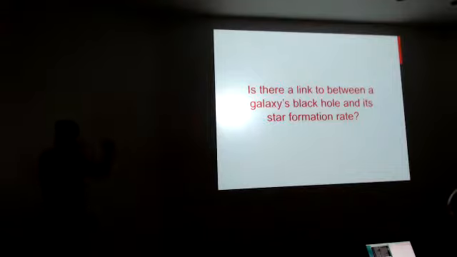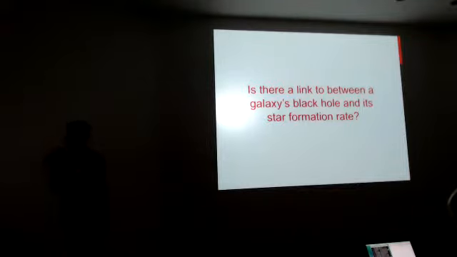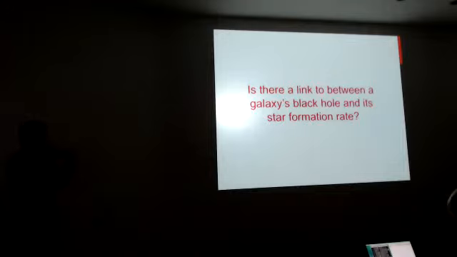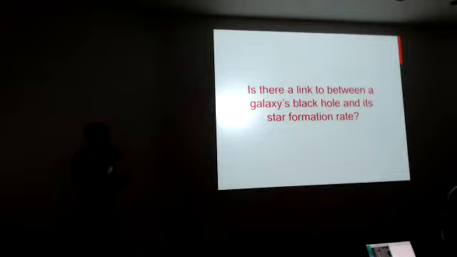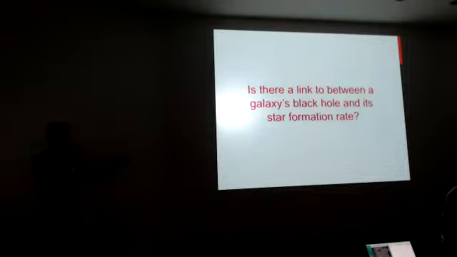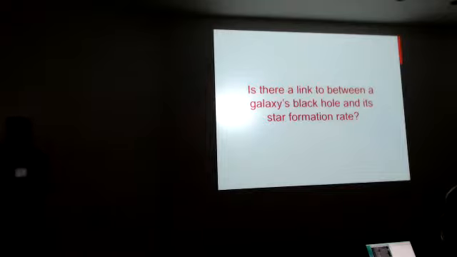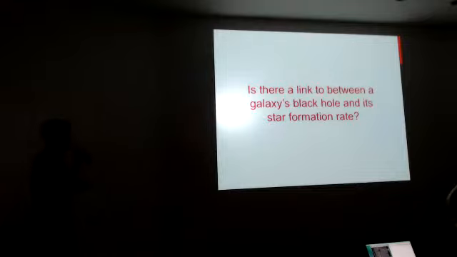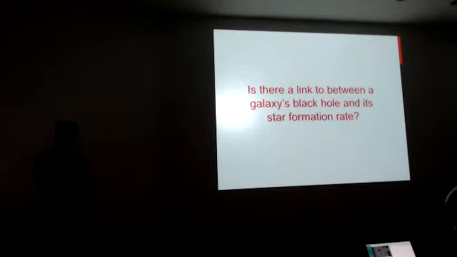One is the black hole mass, directly detected dynamically, which tells you about the heating. Then I use the stellar mass to tell you about the cooling, because we can't really get halo masses for these galaxies, so we're using stellar mass as the best proxy. And then the battle between heating and cooling gives you the resulting star formation rate. So I use these 3 parameters, black hole mass, stellar mass, and star formation rate, to probe the effects of the black hole on the star formation activity in the galaxies.